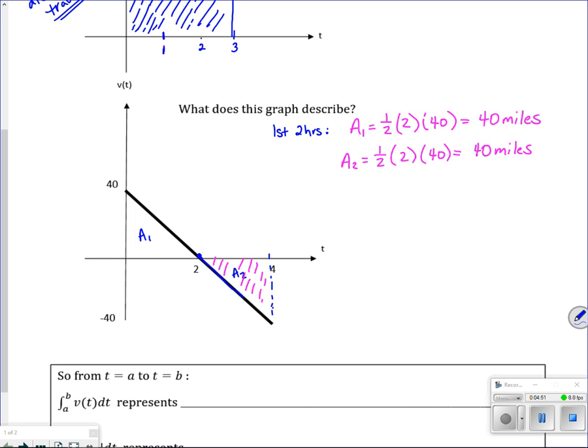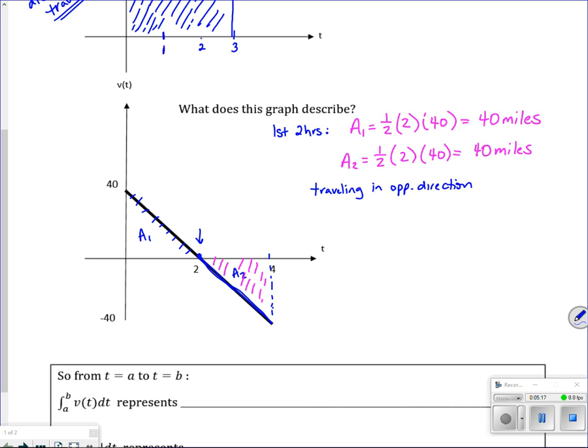When the velocity is down here and negative, that means he's traveling in the opposite direction. He's going one way when his velocity is positive, and right there he turns around and travels back the opposite way.